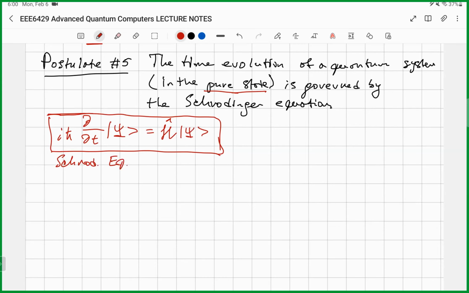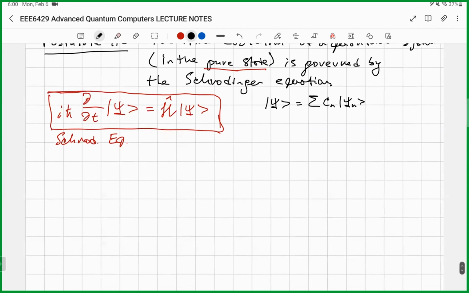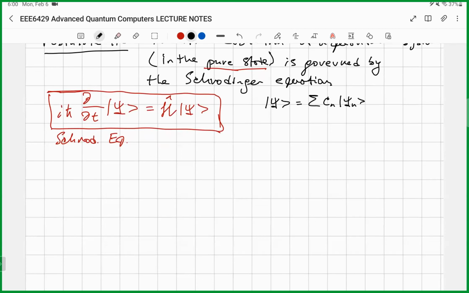So here in this formula, this state vector psi is a general state, and of course this general state can be represented as a superposition of some basis states, right, psi n, and since this equation is linear, the same equation holds for each particular eigenstate psi n.